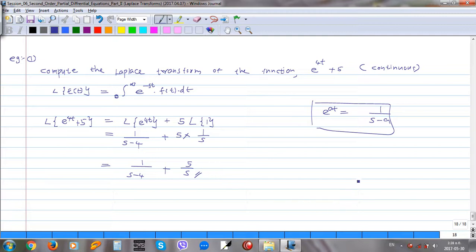And that was a continuous function. Now I am going to consider a discontinuous function. Second example, I am going to find the Laplace transform of that discontinuous function.